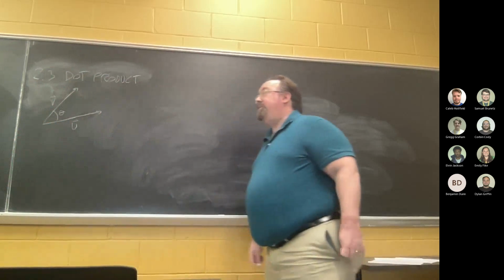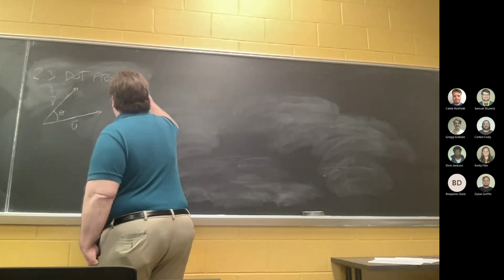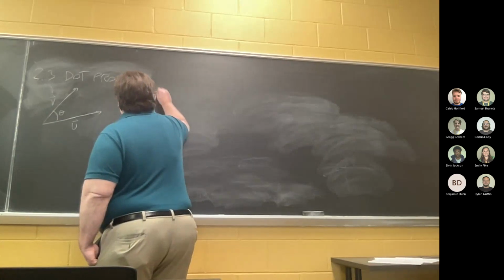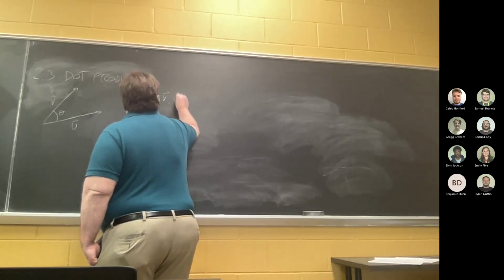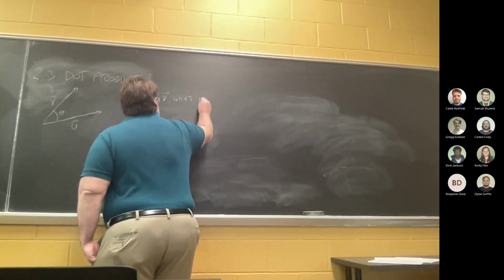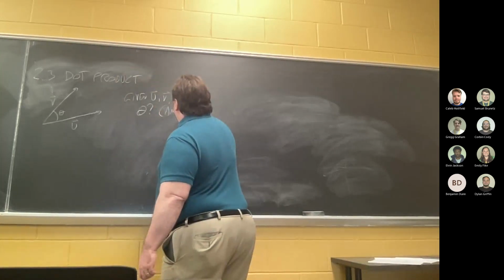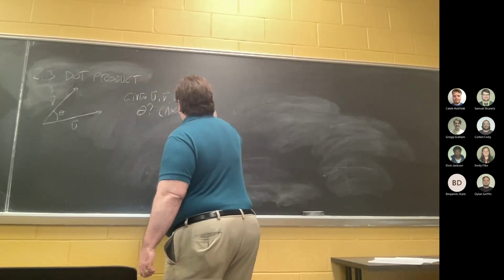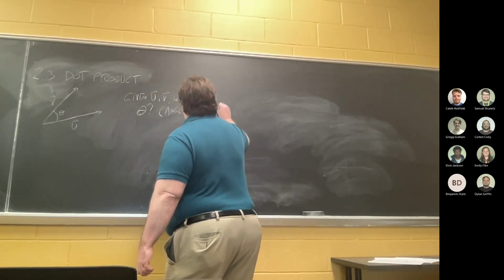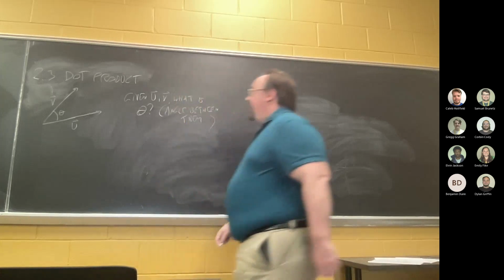So we have some angle between them, theta. So the problem is this: given these vectors u and v, what is the angle between these two vectors?